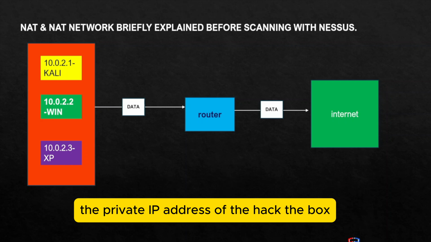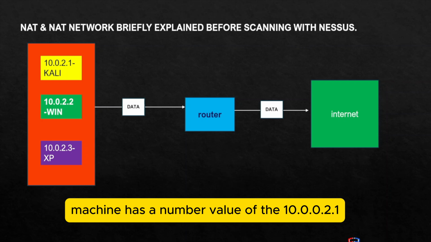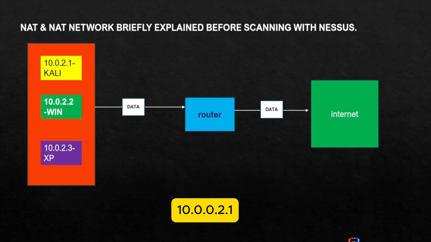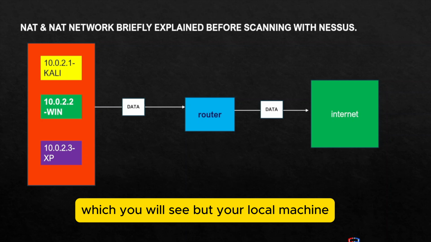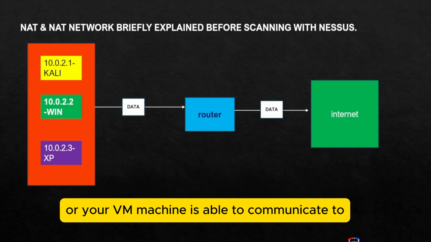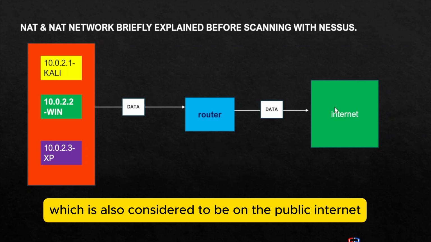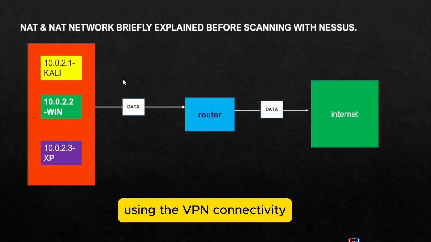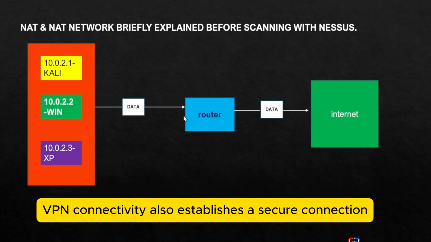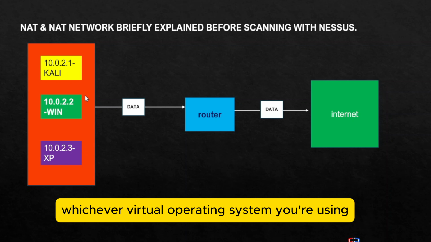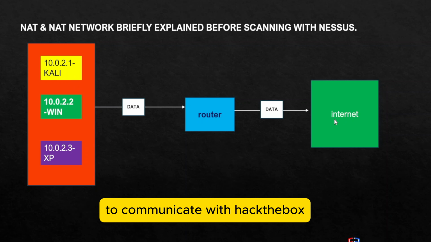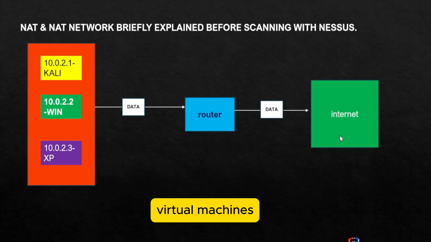Even though the private IP address of the Hack the Box machine has a value of 10.0.0.2.1, which you will see, your local machine or your VM is able to communicate to the Hack the Box virtual machine, which is also considered to be on the public internet, using the VPN connectivity. So the VPN connectivity establishes a secure connection between whichever virtual operating system you're using and the Hack the Box virtual machines.